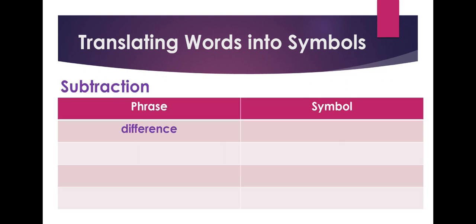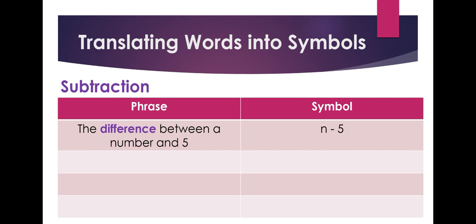Okay, next is subtraction. These are the words we use to indicate that the symbol to use is subtraction. First is difference. The difference between a number and 5. If we translate it into symbols, we have n minus 5. Next is the word decrease.